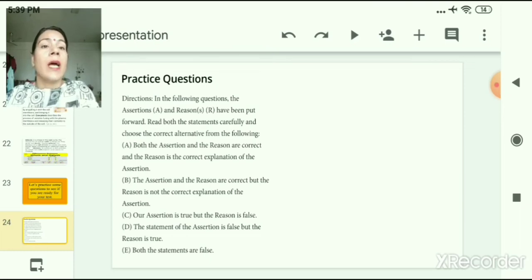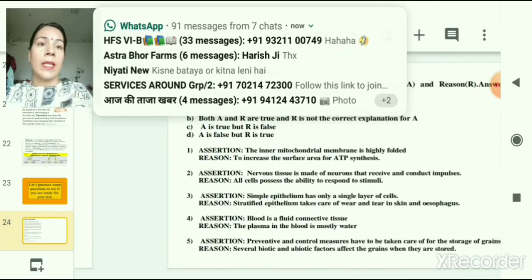And the third is our assertion is true but the reason is false. And fourth is the statement of the assertion is false but the reason is true. And the last option is both the statements are false. So you might not be understanding it right now. So let us go through some of the questions. Then you will understand what is there in these assertion and reasoning type of questions.